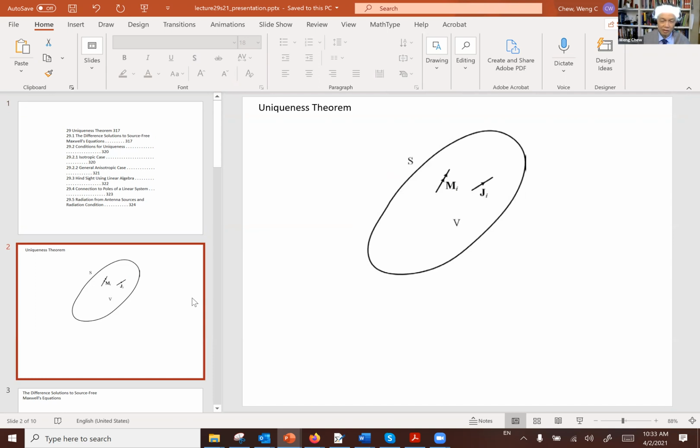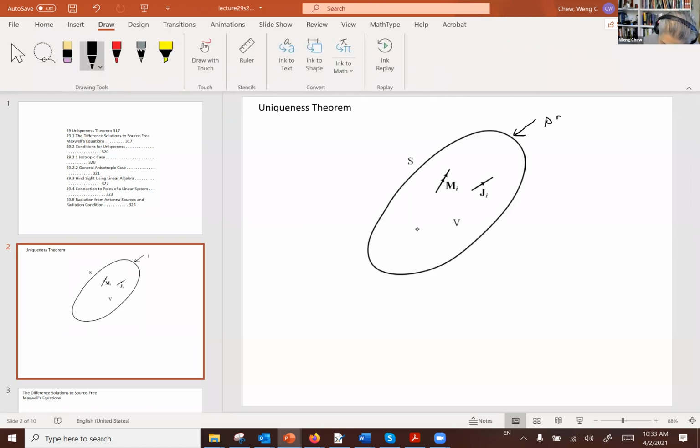So what is the uniqueness theorem? Well, the uniqueness theorem says that if you solve Maxwell's equations under some prescribed boundary conditions, then the solution that you have obtained should be unique, not different solutions. Which means that, say, if you have a PEC here, the boundary condition might be n cross E equals 0.